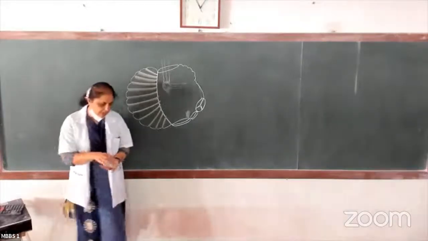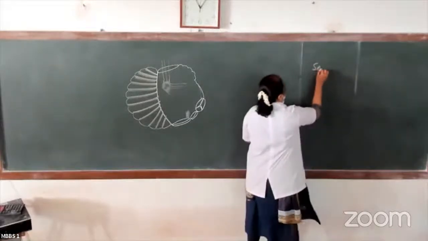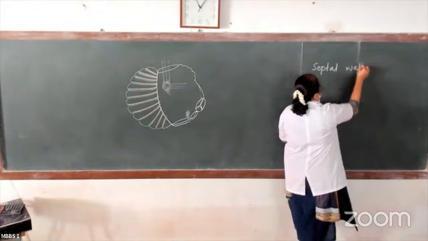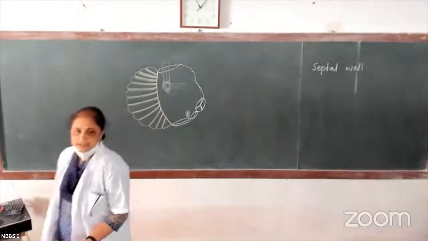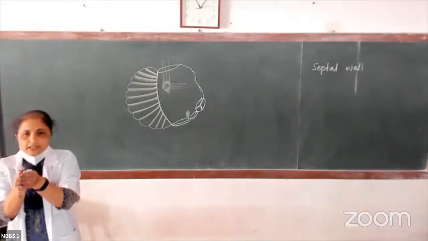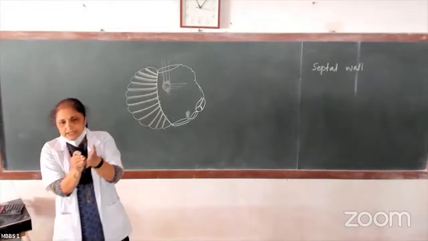Now, one wall which remains to be seen is called the septal wall, or the right wall of the interatrial septum. Why is it called the right wall of the interatrial septum? Suppose this is the interatrial septum.